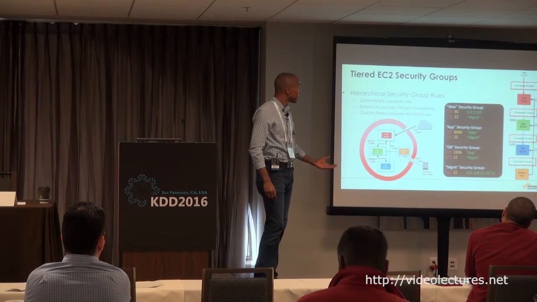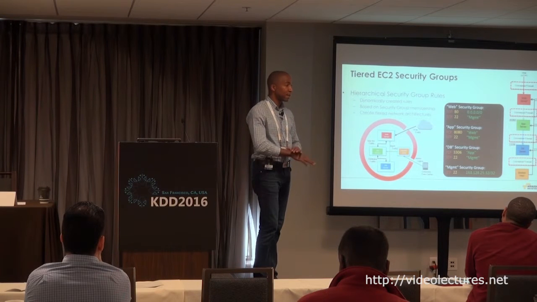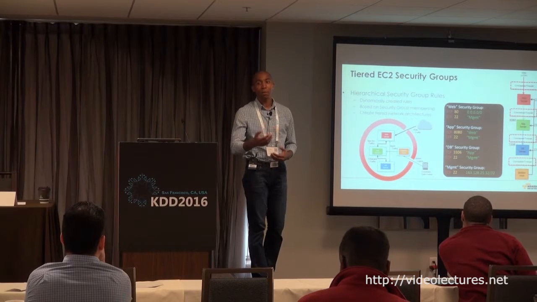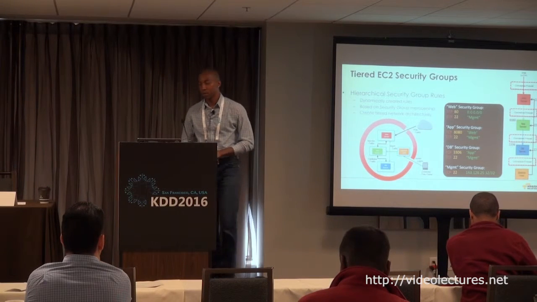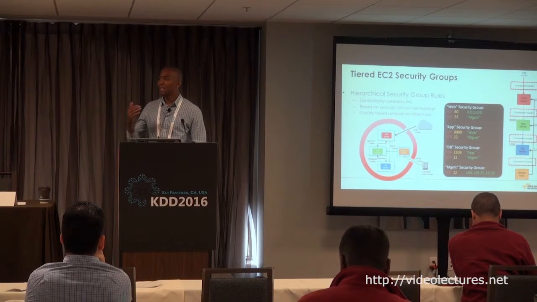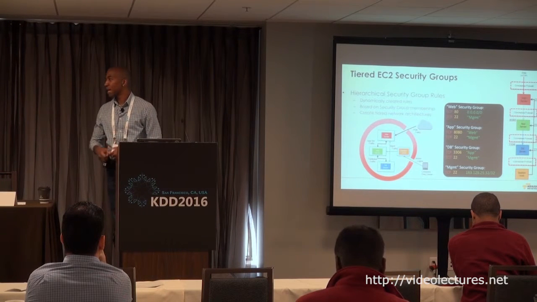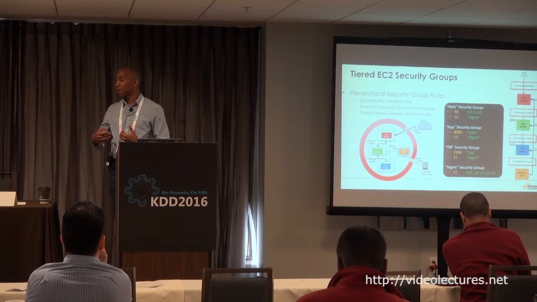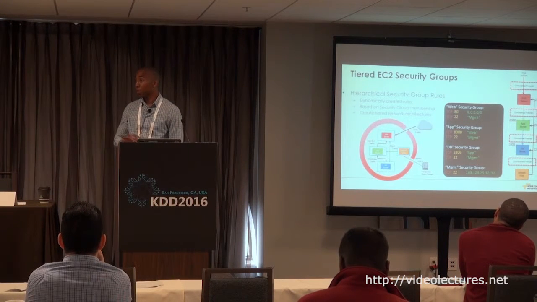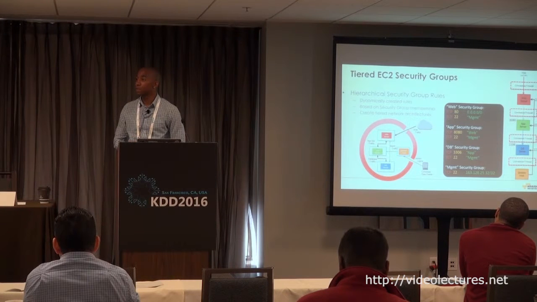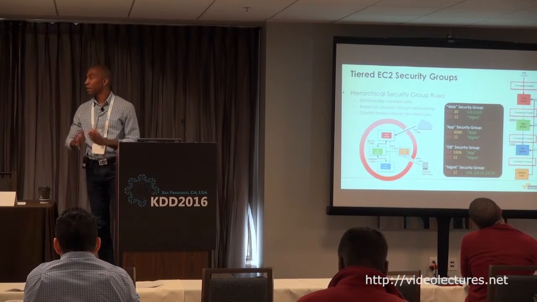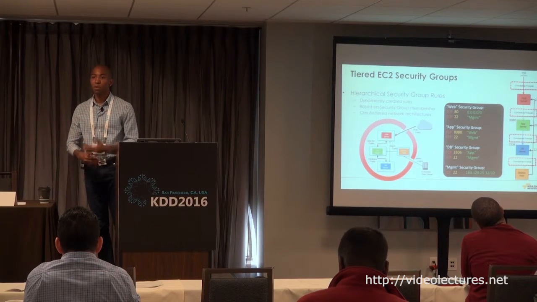But if an instance doesn't need that, because that's not its use case, you would not have that port open within its security group. That's the whole idea around security groups: I only have ports open that need to be open. So it's on an as-needed basis, and that's one of the primary best practices when working with security groups. Again, we never recommend that you have a single security group with all the ports that you need open.